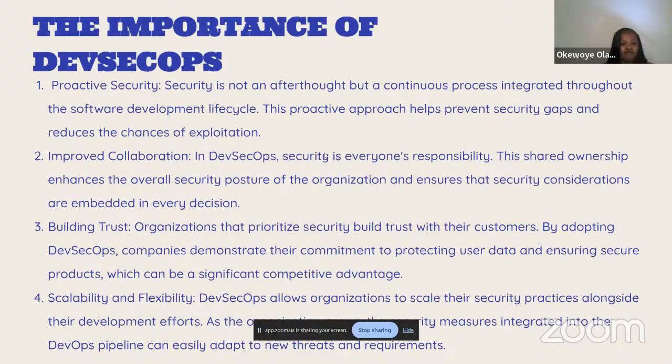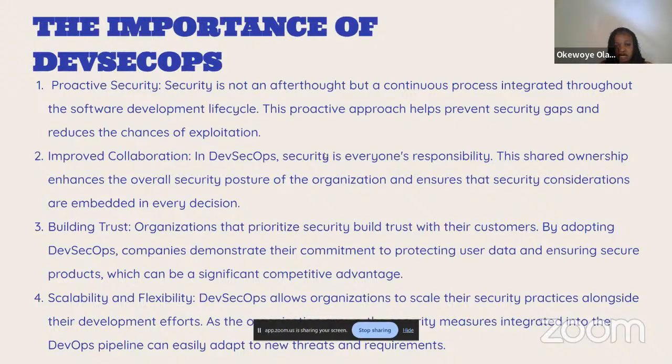So we have improved collaboration. In DevSecOps, security is everyone's responsibility. This shared ownership enhances the overall security posture of the organization and ensures that security considerations are embedded in every decision. So, we also have building trust. Organizations that prioritize security build trust with their customers by adopting DevSecOps.